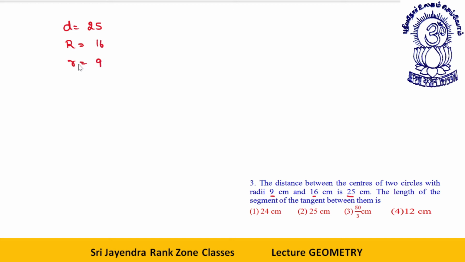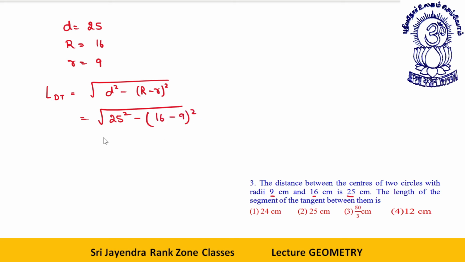The length of the segment of tangent between them: we apply the formula, length of direct tangent is equal to under the root d square minus (R minus r) square. What is d square? d square is 25 square minus (16 minus 9) square.